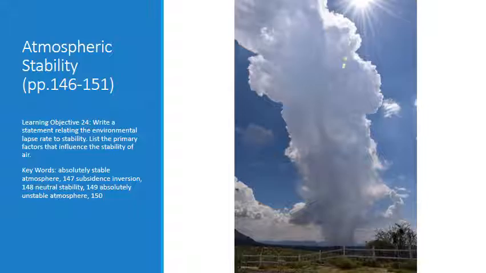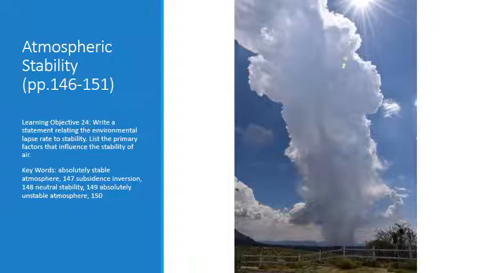By comparing the parcel's temperature to that of the surrounding air, we can determine whether the condition is stable or not. Remember that stability is the likelihood or lack of likelihood that something will change.